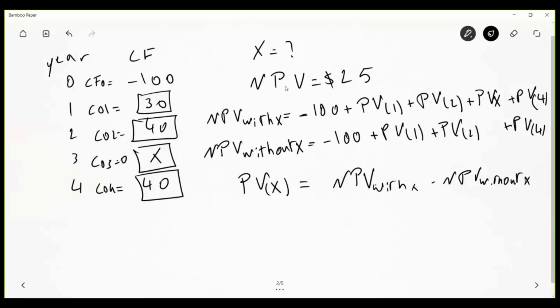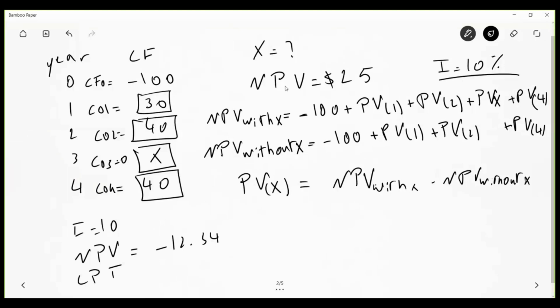Let's say here for this problem I have I equals 10%. So I equals 10. I go to NPV and I click on compute. NPV in this case is minus 12.3489.